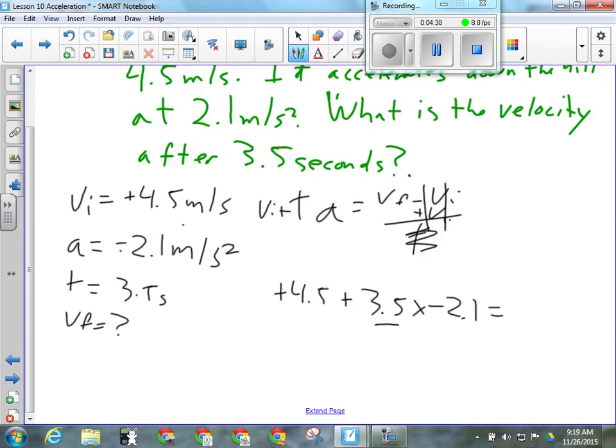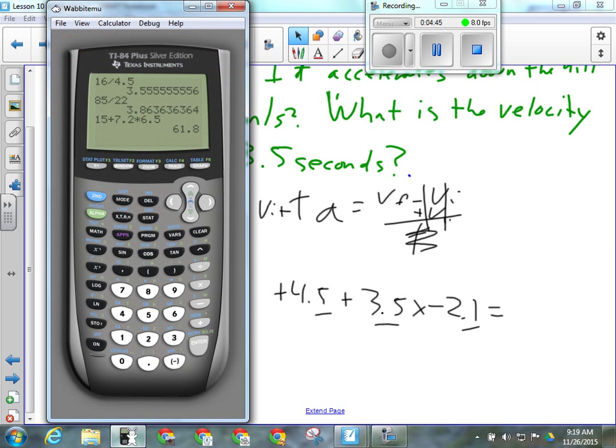That's our time, that's our acceleration, that's our initial velocity. So my final velocity is that the ball is moving at 2.85 meters per second down the hill.